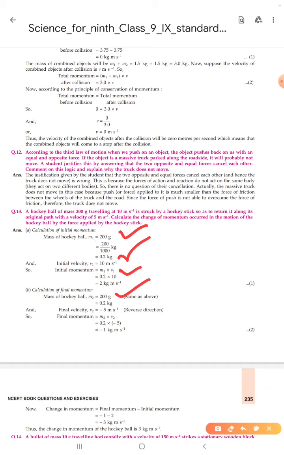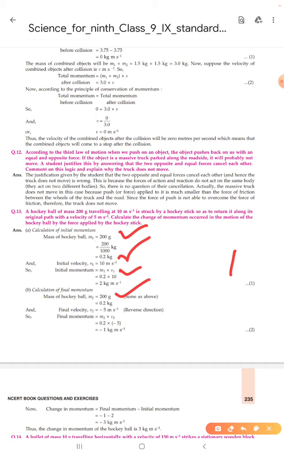For finding out the final momentum, we should have the final velocity and mass also, because the mass of the hockey ball is the same, which is 200 gram, or I can say 0.2 kilogram, and the final velocity, after being struck by the hockey stick, has become 5 meter per second.